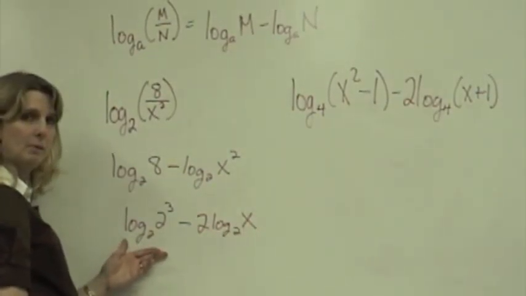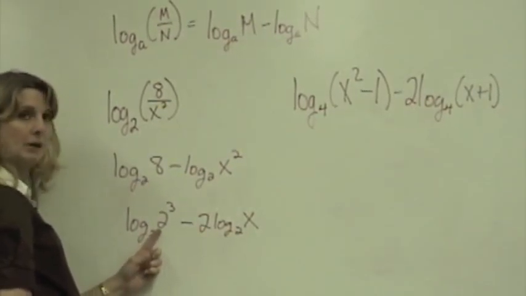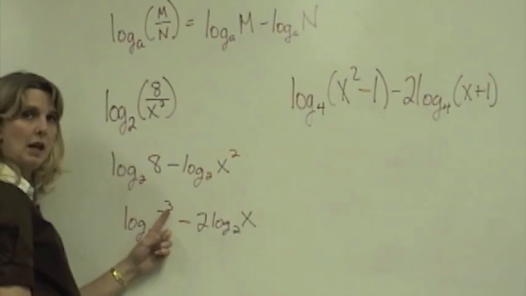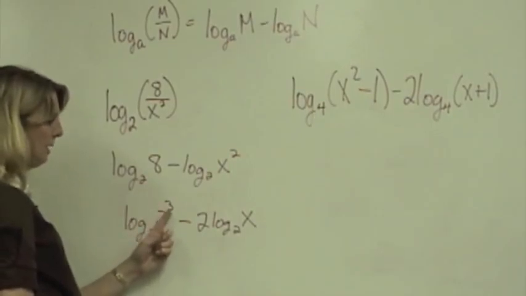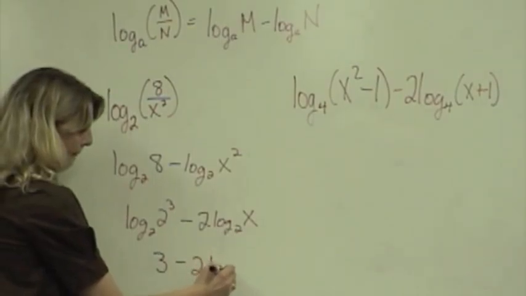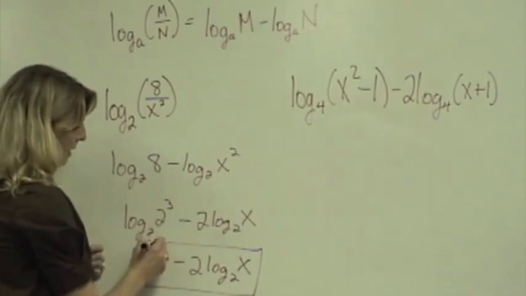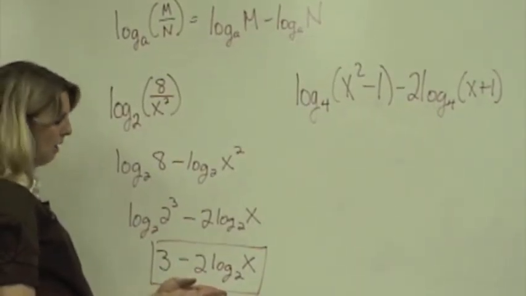Now, if we look at this and apply some of the log rules we already know, since the base matches the number, we know the answer to this term is 3. Now we've simplified our log.